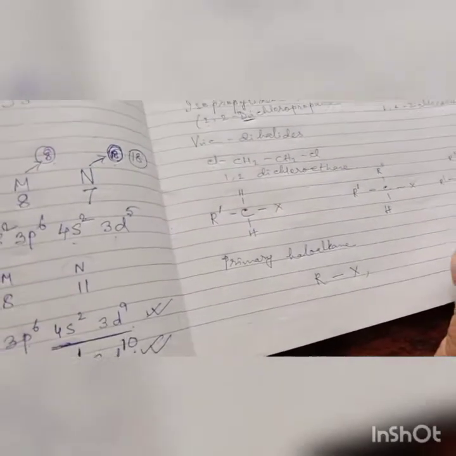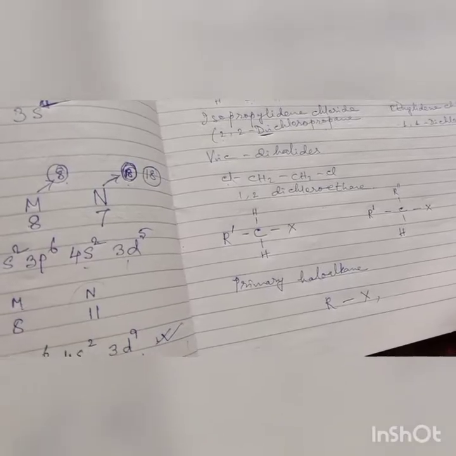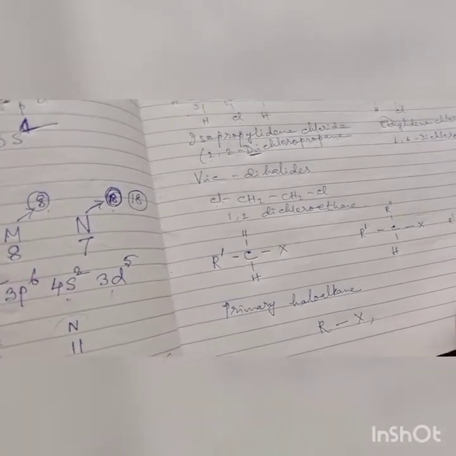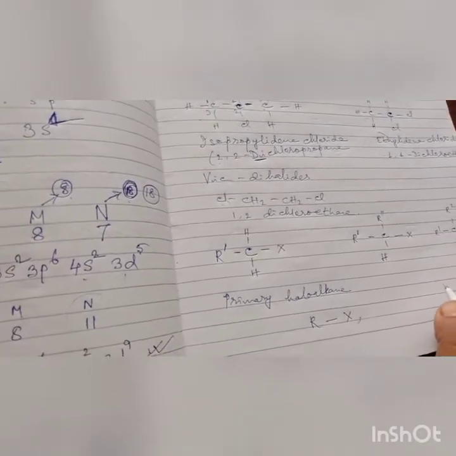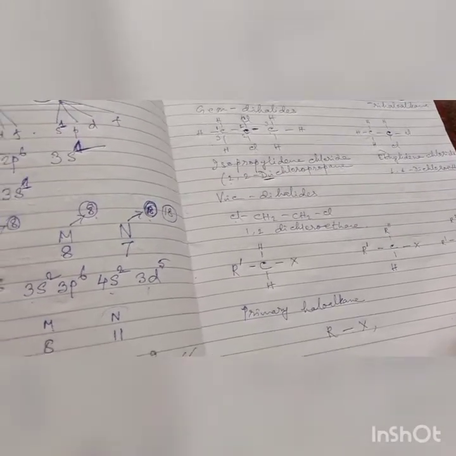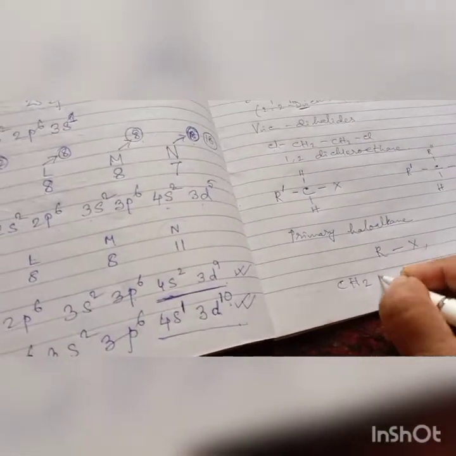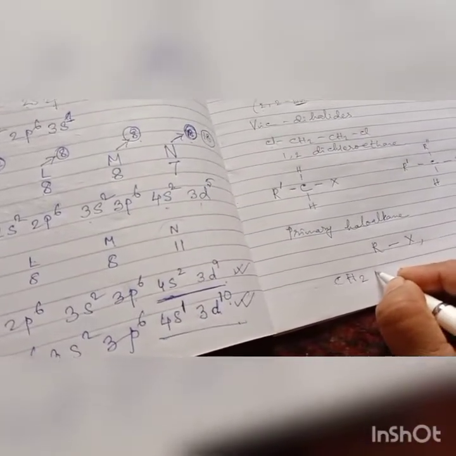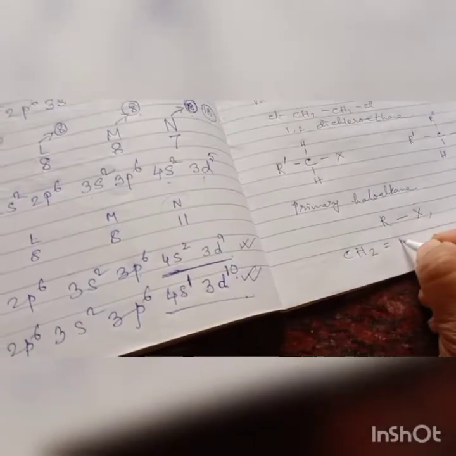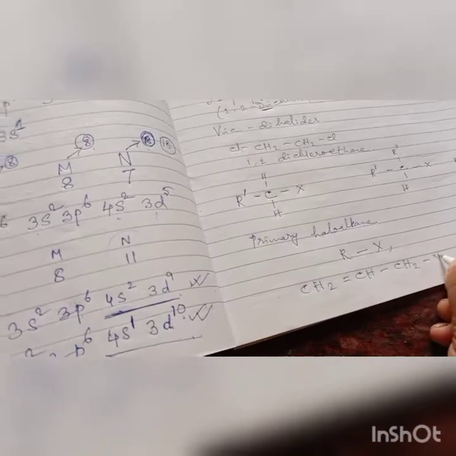Now students, allylic halides. In these compounds, halogen is bonded to an allylic carbon, that is, to the sp3 hybridized carbon atom next to a carbon-carbon double bond. For example, CH2=CH-CH2X.